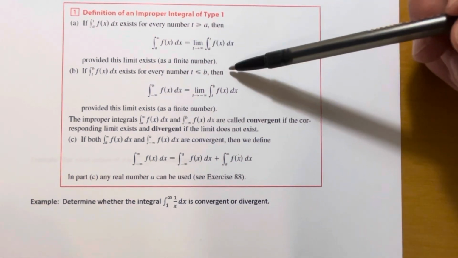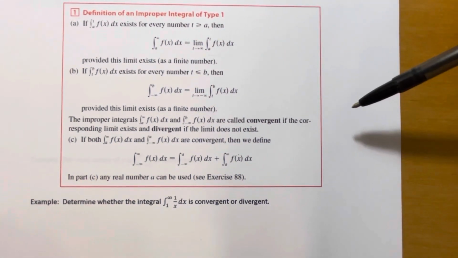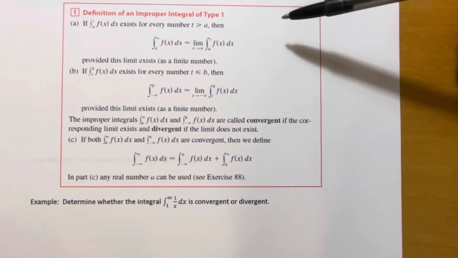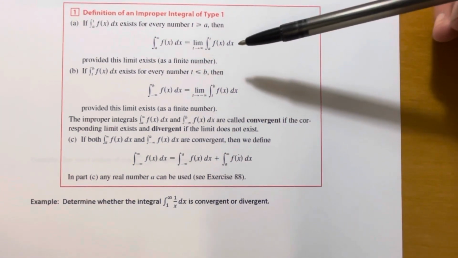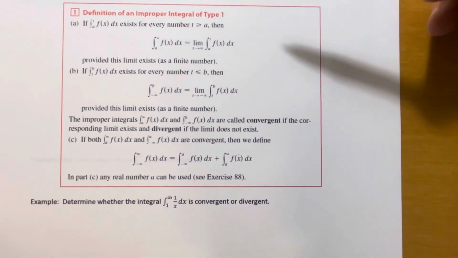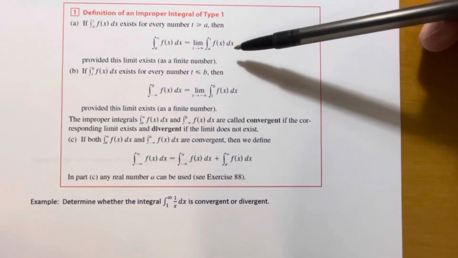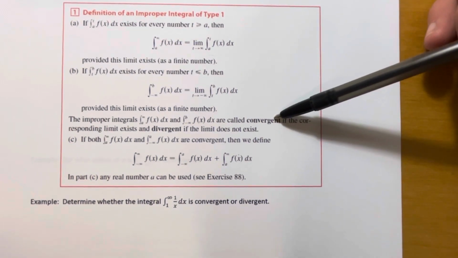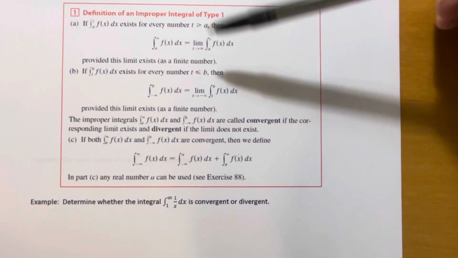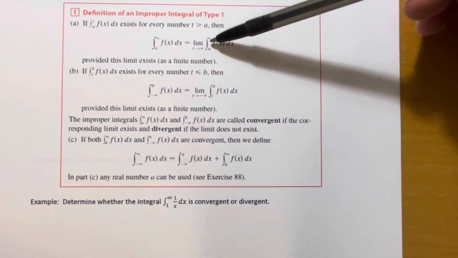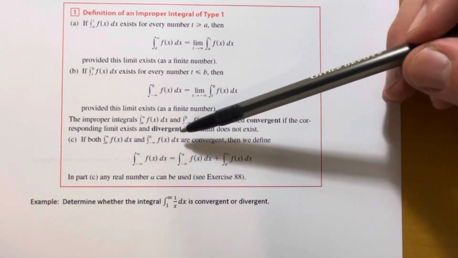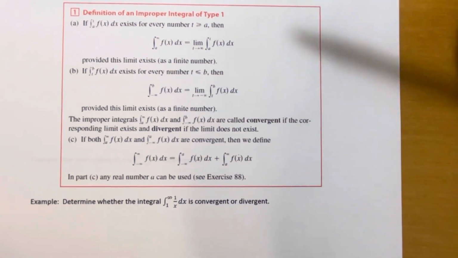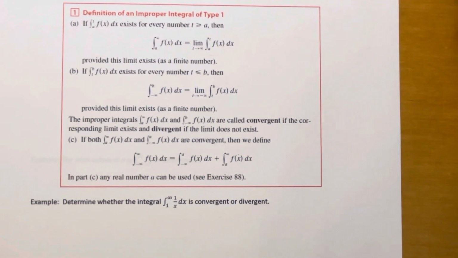But if it does exist, like in the case on the previous page where we found that the improper integral of 1 over x squared dx had the solution 1, then we say that those improper integrals are convergent. So again, if they give you a finite value when you apply that limit, we say that the integral is convergent. Otherwise, if the limit does not exist, we say that it's divergent.